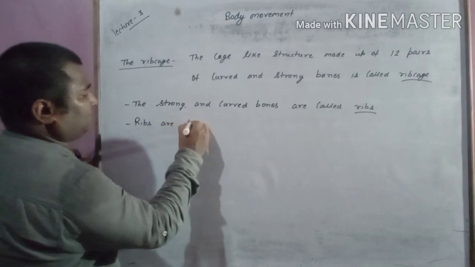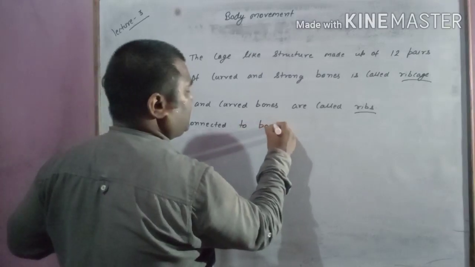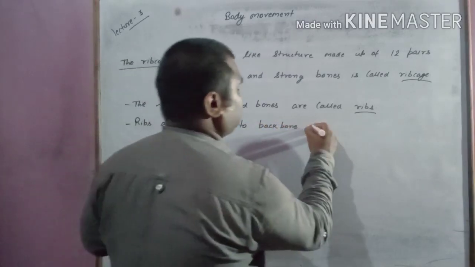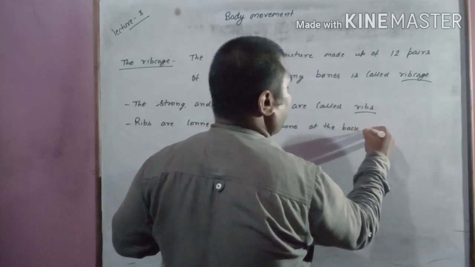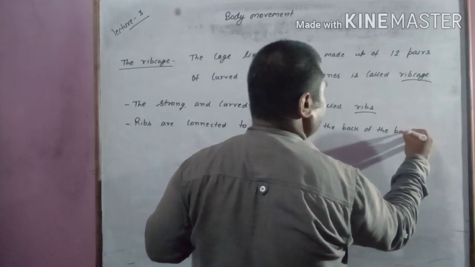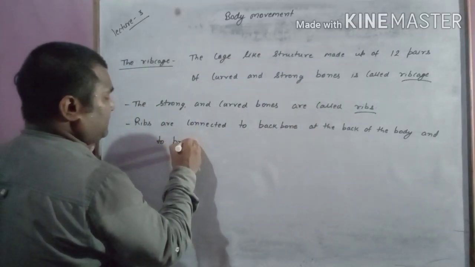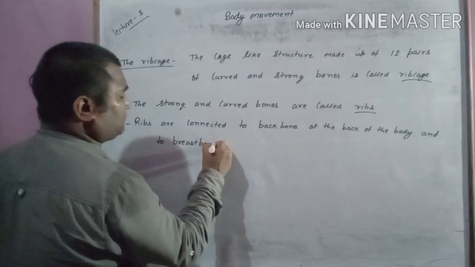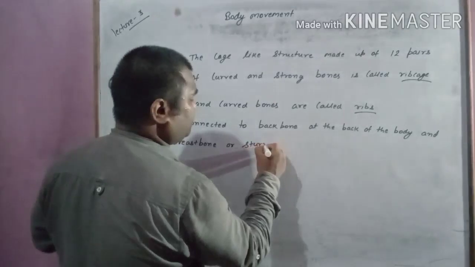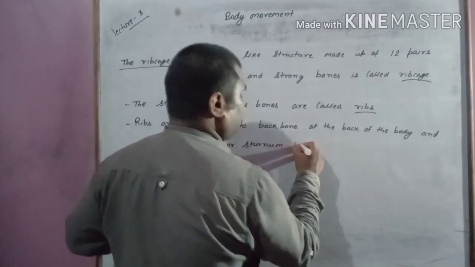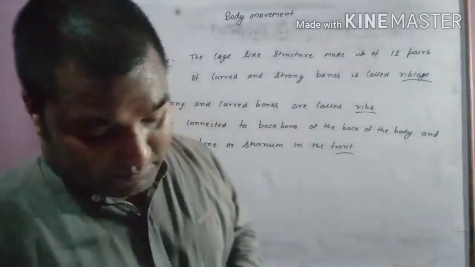Ribs are connected to the backbone at the back of the body, and to the breastbone or sternum in the front.